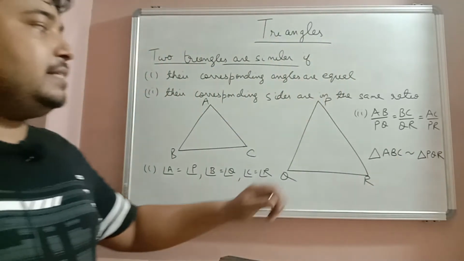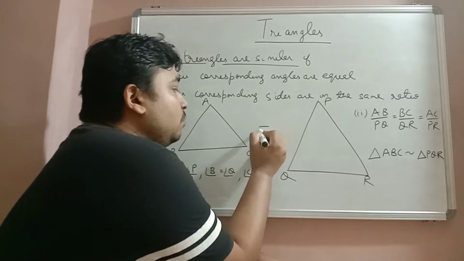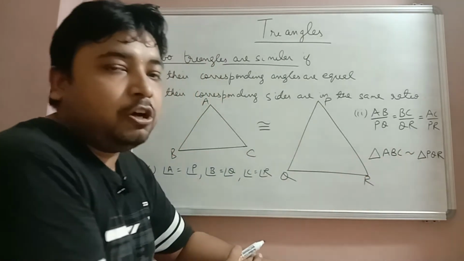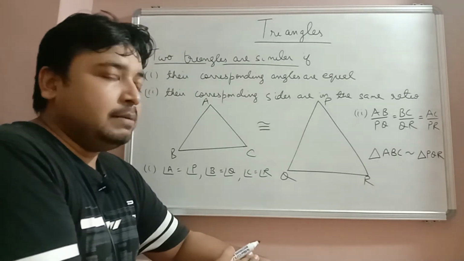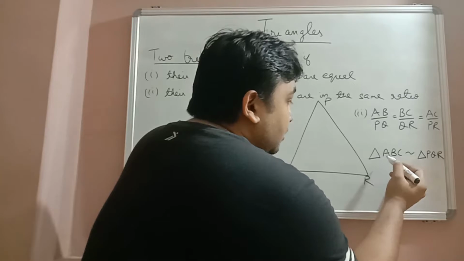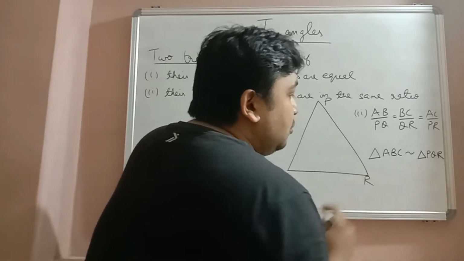In the congruency case, it was an equal to sign with an approximation mark. Here only the approximation mark is used as the symbol of similarity. So triangle ABC is similar to triangle PQR.